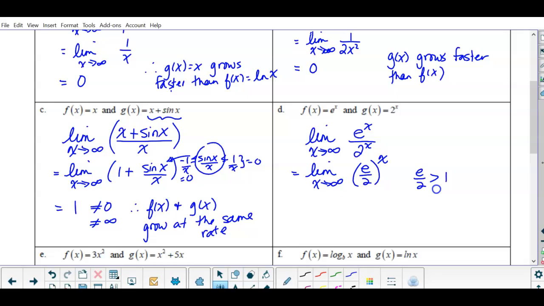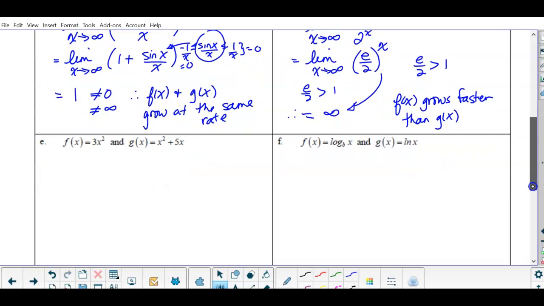So therefore, I'll put it over here. Actually, I don't have to write out the whole thing. Okay, so that limit goes to infinity, so that means the numerator grows faster than the denominator. So f of x grows faster than g of x.